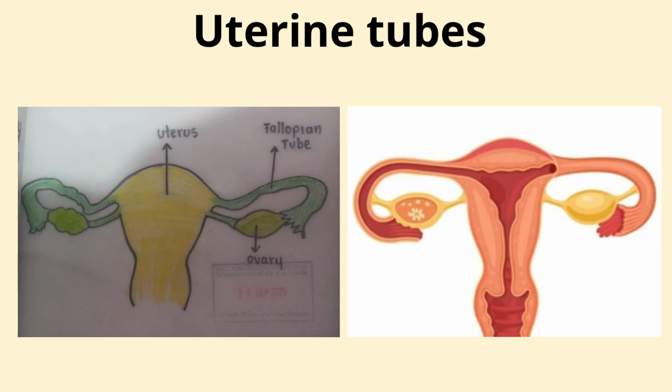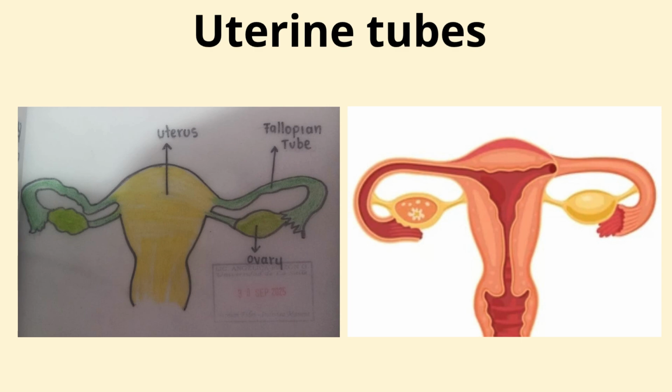Now let's move to the internal organs, starting with the uterine tubes, also known as the fallopian tubes. Each side has a fallopian tube that connects an ovary to the uterus. The ovaries are glands that produce eggs and hormones like estrogen and progesterone.